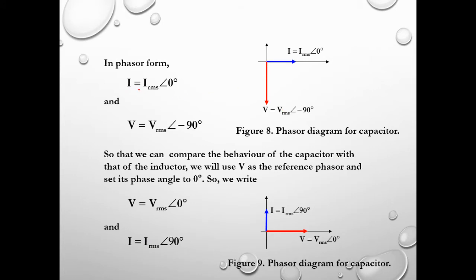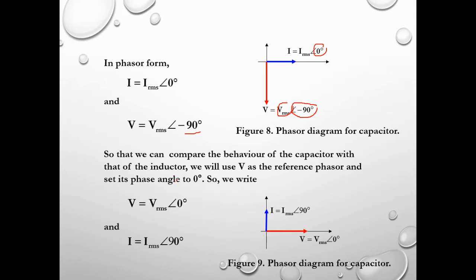So we have I equal to I RMS at angle 0 and V equal to V RMS at angle minus 90 degrees. So the phasor diagram for the capacitor has 0 degrees for I RMS and negative 90 degrees for V RMS, so that we can compare the behavior of the capacitor with that of the inductor.